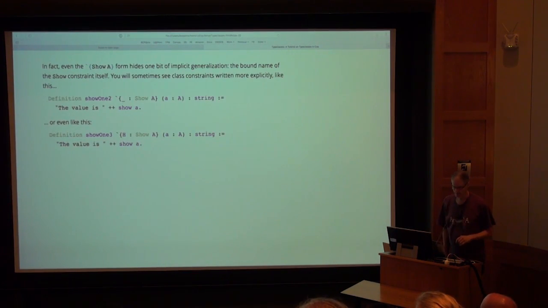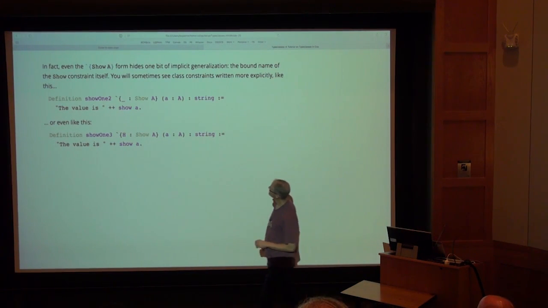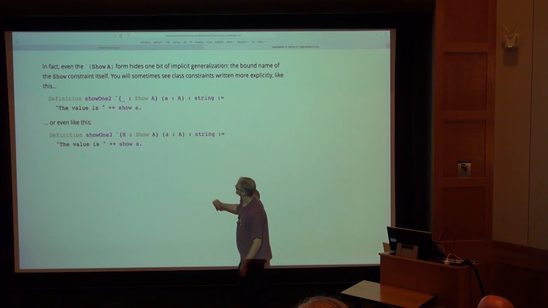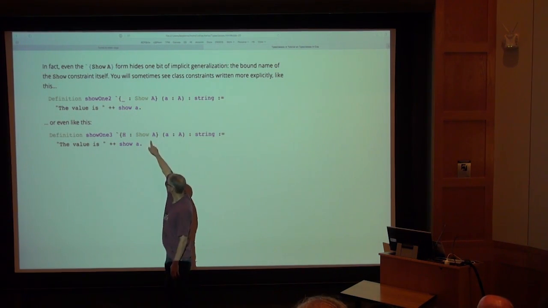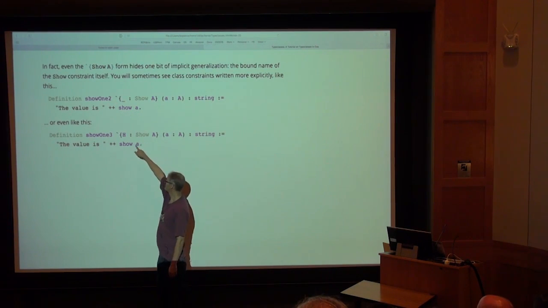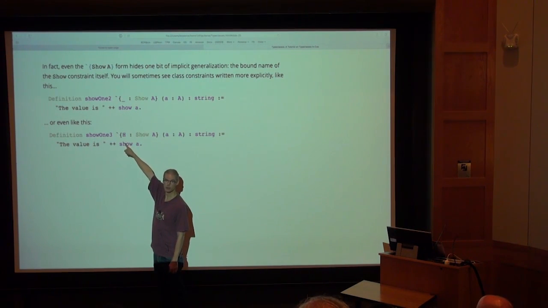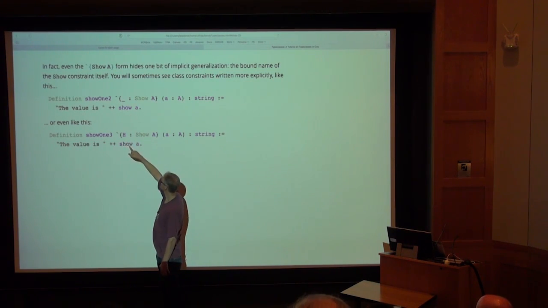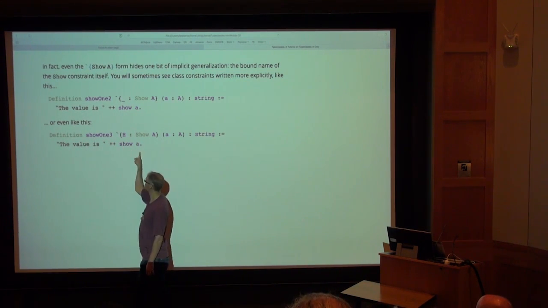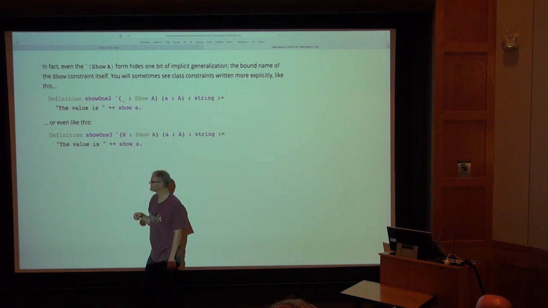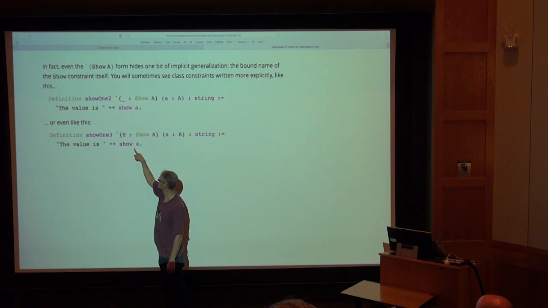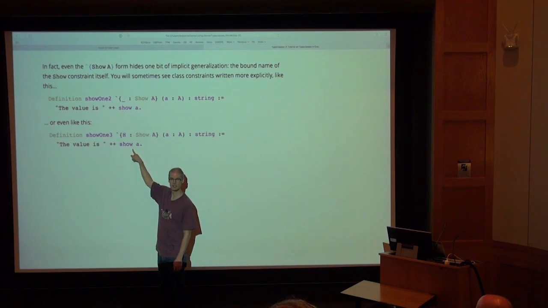Now we can go further with hiding things. In the thing that we printed out, you saw that this evidence actually has a name. We can give the evidence a name explicitly if we want. Usually the convention is not to, because it doesn't get used here explicitly. Of course, implicitly it does get used, because H is where the show operation for A's is coming from.